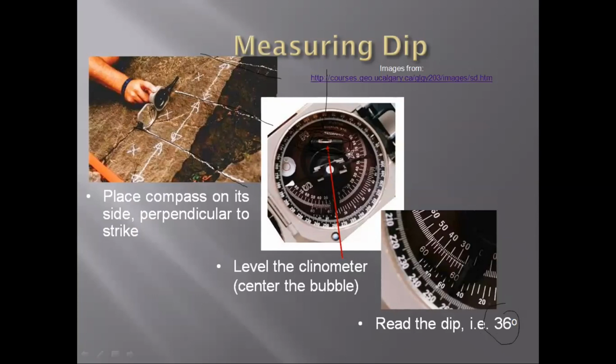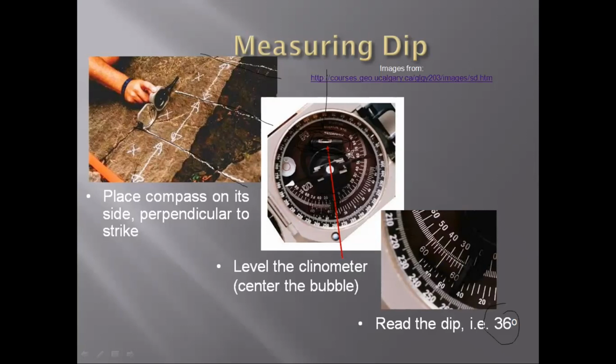The scale that we normally use for this one is the inner scale. You will not use the outer scale for this. We will use the scale that is present in the lowermost part of the Brunton, and you can see that there is a small plane that moves.